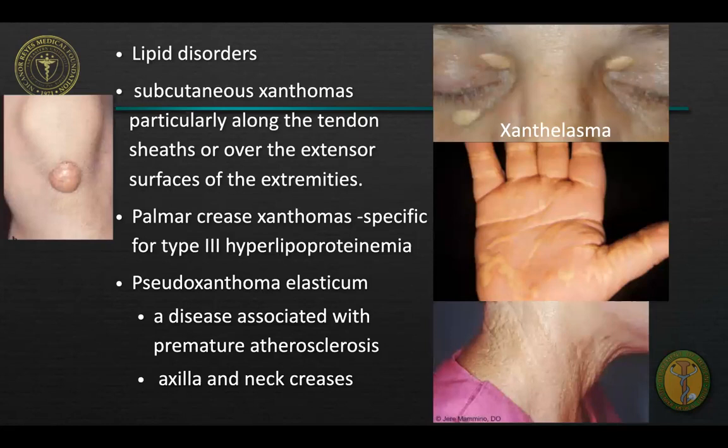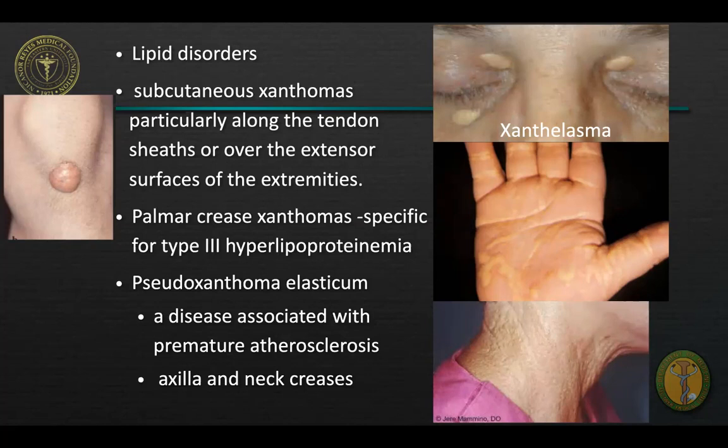You may also find skin abnormalities in various lipid disorders. An example would be your subcutaneous xanthomas, which can be found particularly along the tendon sheaths or over the extensor surfaces of the extremities. In severe hypertriglyceridemia, you can see eruptive xanthomatosis and lipemia retinalis.